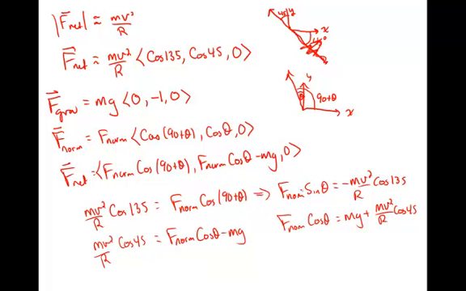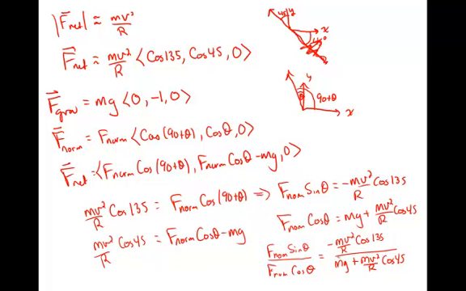So the ratio of these two equations will end up being f norm sine theta over f norm cosine theta equals minus mv squared over r cos 135 all over mg plus mv squared over r cos 45. And these two f norms will cancel out, and this just becomes a tangent theta.